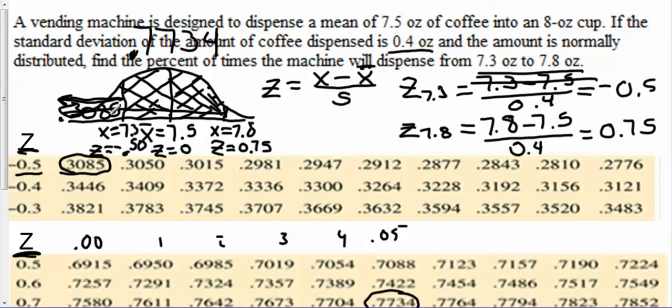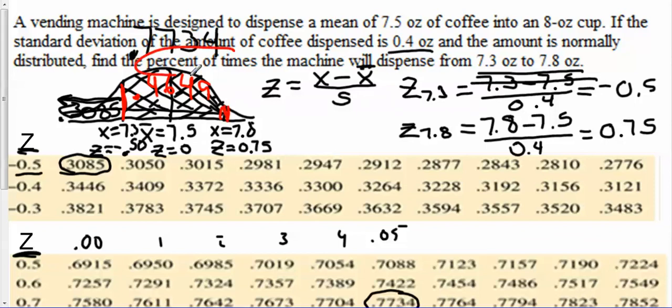So we take our calculator, we go 0.7734 minus 0.3085, and we'll get 0.4649. And that is this area in between, 0.4649. That's the area under the curve from 7.3 to 7.8 ounces.